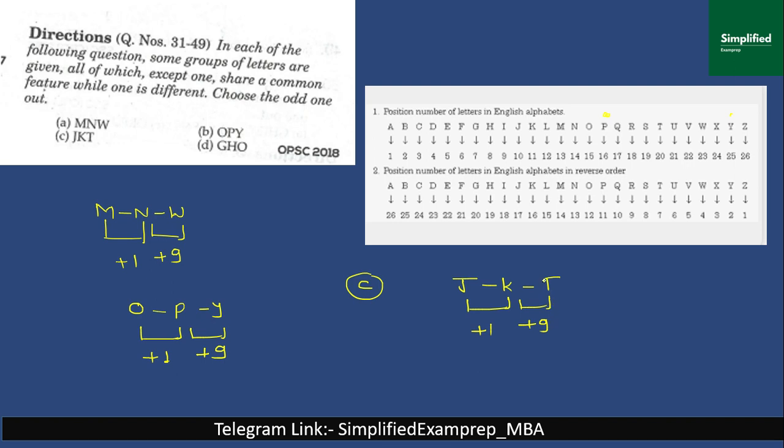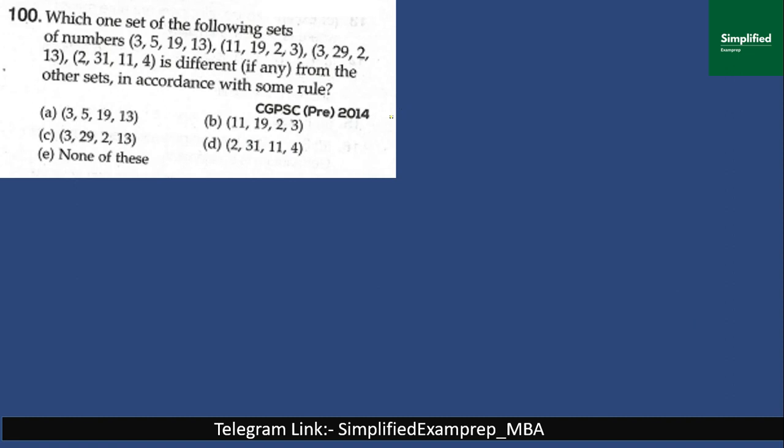If we add 9, we will get T. Now look at option D, we have G, H, O. If we add 1, we get H. But here, if we add 9 to H, I think we get Q, but here it is plus 7. So option D is not following the rule followed by the other 3 elements. So what is the correct answer here? Here the answer is D.